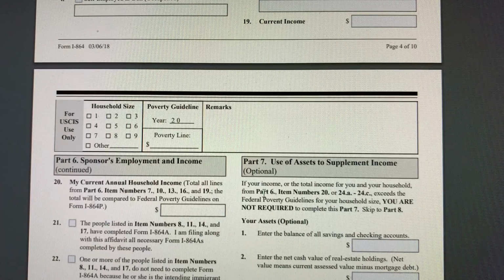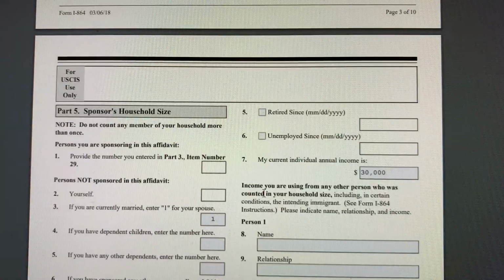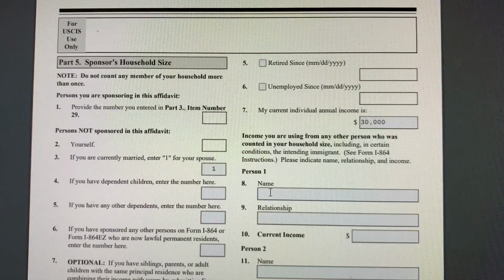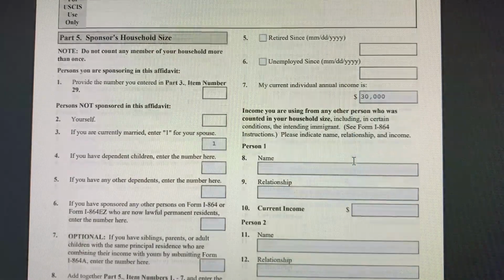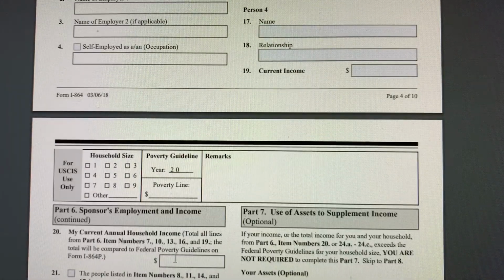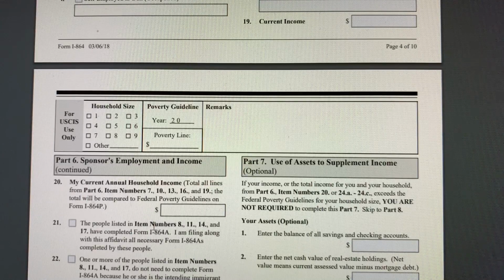So in Part 6, item numbers 7, 10, 13, 16, and 19. The total will be compared to the Federal Poverty Guidelines from Form I-864.